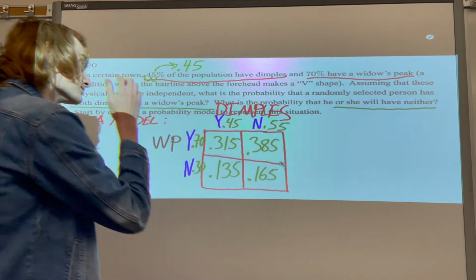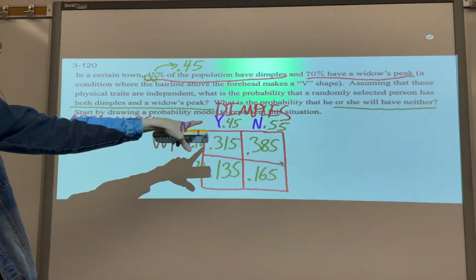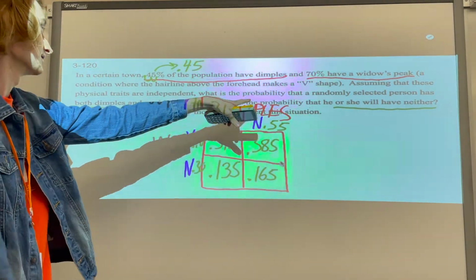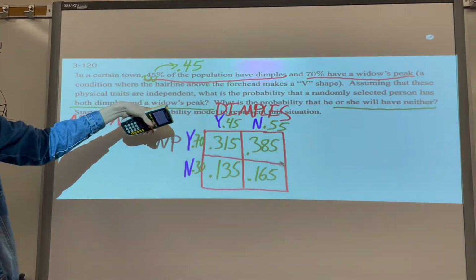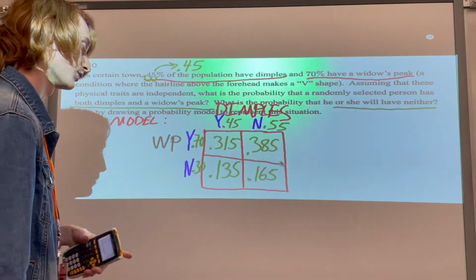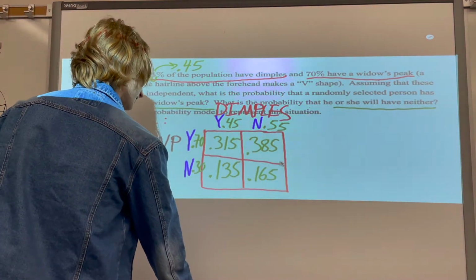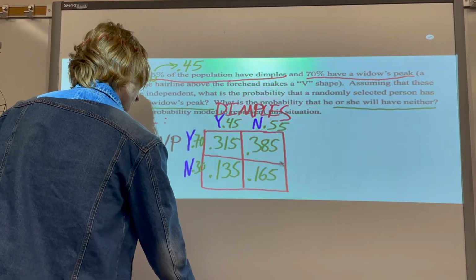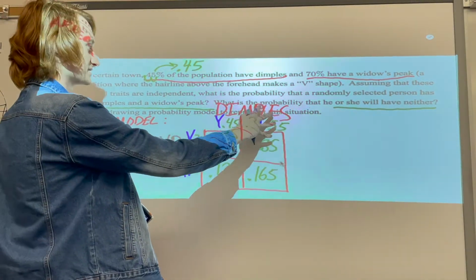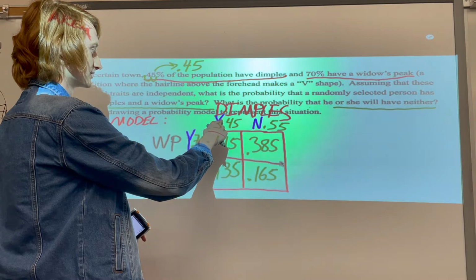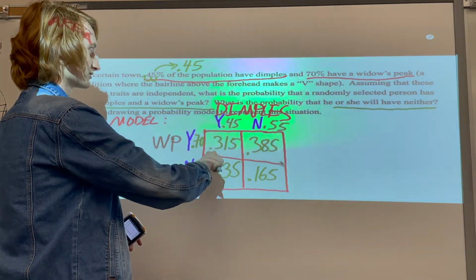So let's see. What's the first question asking for? What's the probability that a randomly selected person has both dimples and a widow's peak? So that has to be a yes for both. So I'm going to go in with a blue pen. So yes for both. So I go to my dimples. I check yes. So these two are both yes for dimples.